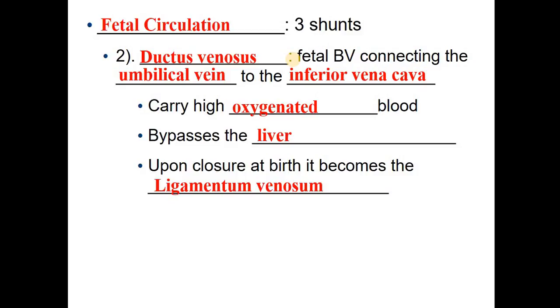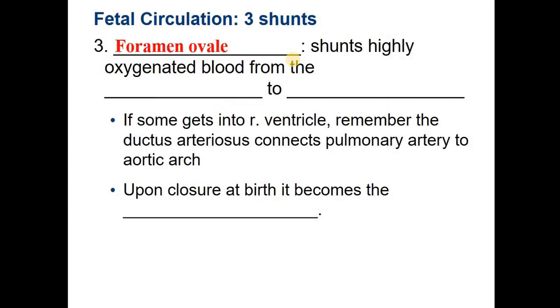The third shunt is the foramen ovale, and it shunts highly oxygenated blood from the right atrium directly to the left atrium, not going into that right ventricle. If some gets into the right ventricle, then remember you have the ductus arteriosus that connects the pulmonary artery to the aortic arch.